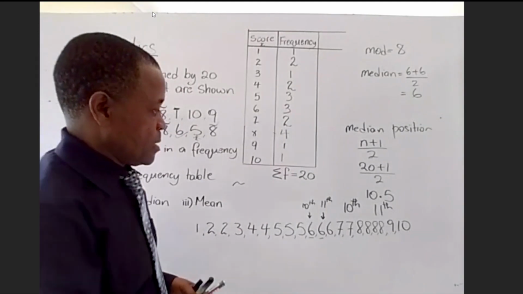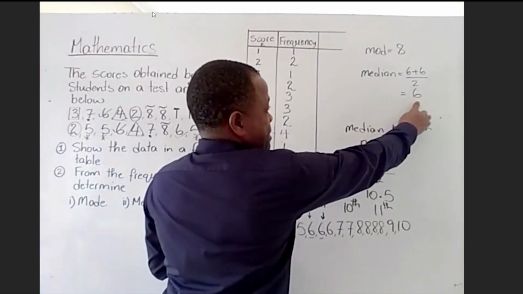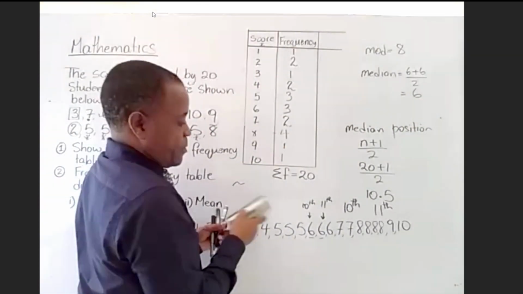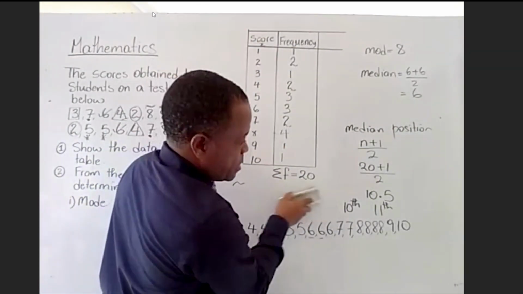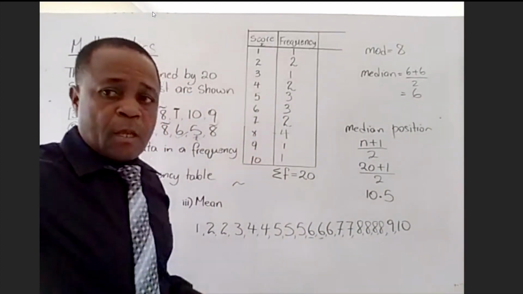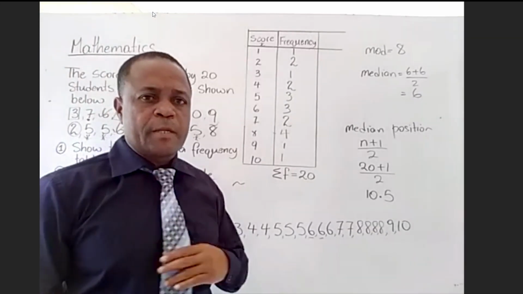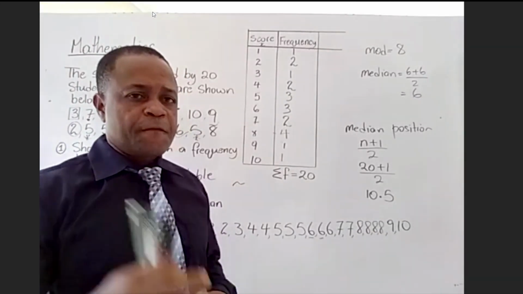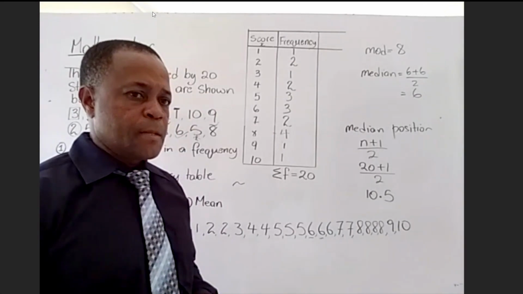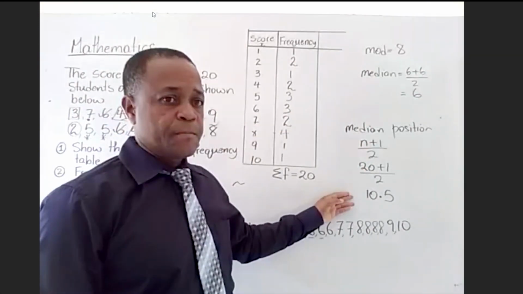All right, so let's go, students. Now that we have done that, we already know that the median is 6. So we're going to do it from our frequency distribution table. So let's get that out. To find the median from the frequency distribution table, the first thing we do is start with the median position formula.